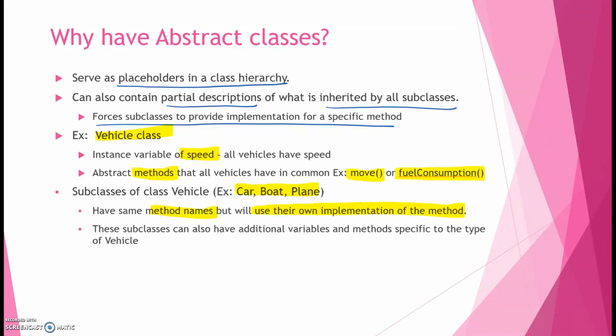But by having abstract methods that have the same name, then any one of these subclass objects, car, boat, or plane, you could call the method move or fuel consumption, and you would know that it had code defined for it. I know this is really out there, and I promise it's all going to come together as we move through the chapter. However, for right now, it definitely is a pretty abstract topic.